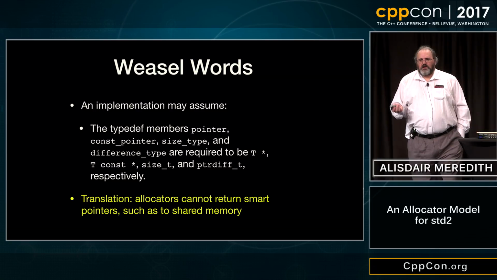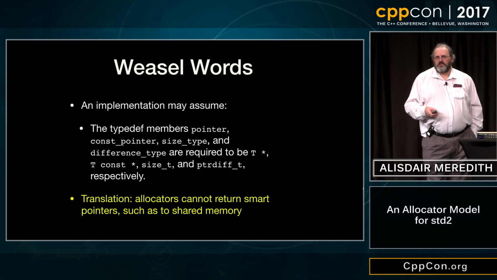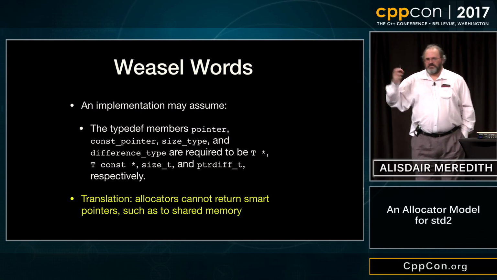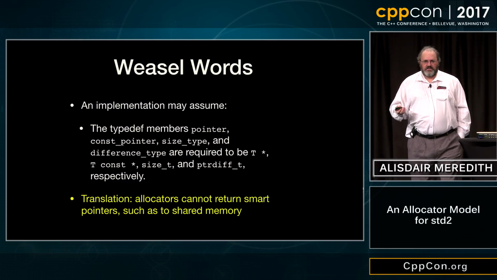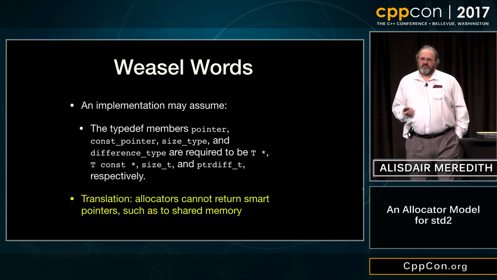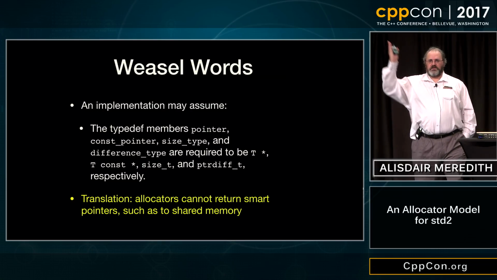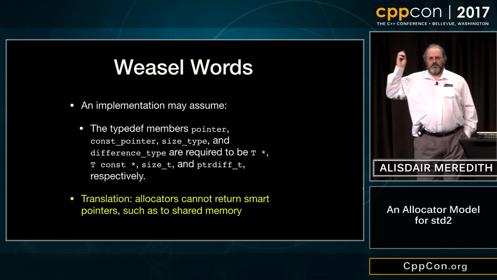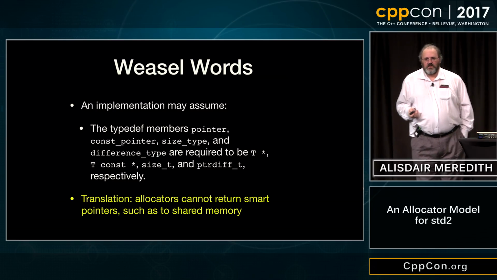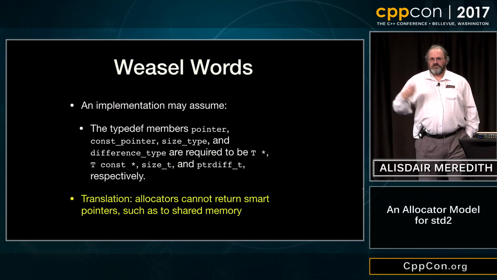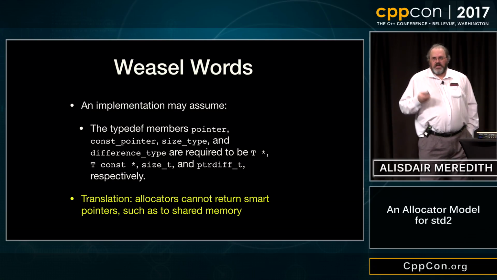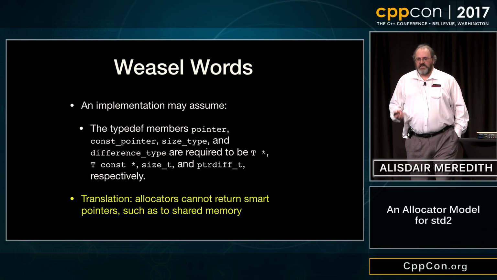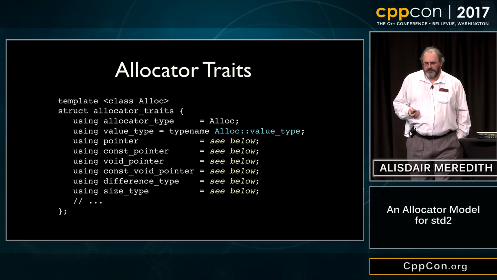And that means that you can't have allocators returning fancy pointers, C++ smart pointer type things that allow you to encode those special rules for allocating out of special memory regions and making sure that I've got pointers that do all the appropriate wrapping to get into that special memory region that I'm trying to do clever things with. So by striking those bits of Weasel Words, C++11 allocators now can support the models to do all the things that we were talking about and want to do.